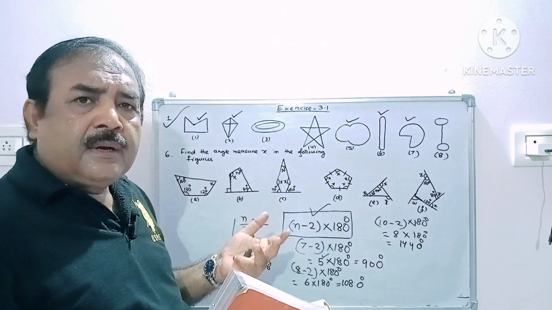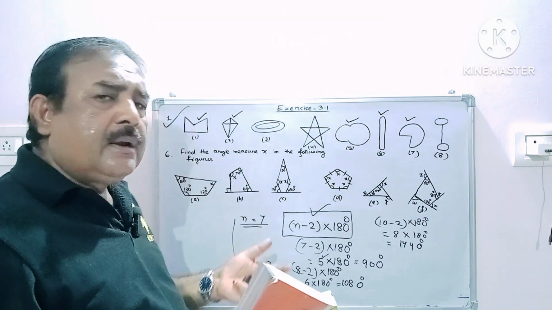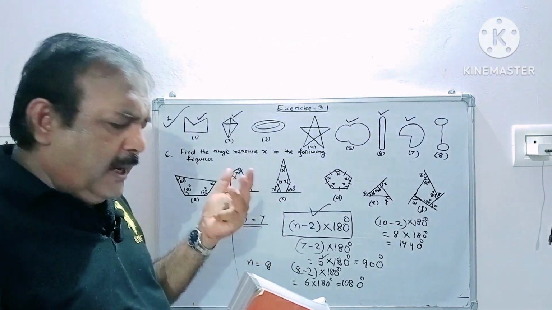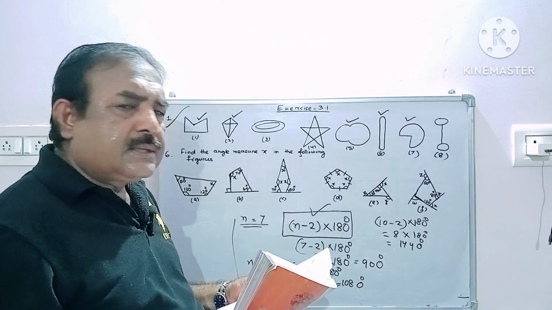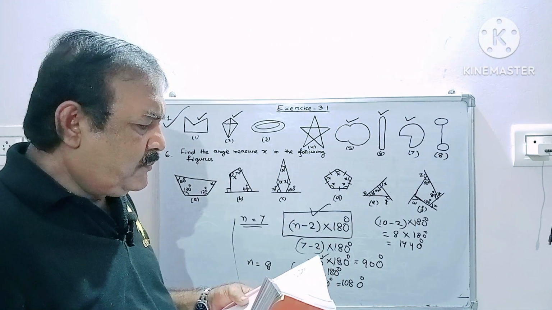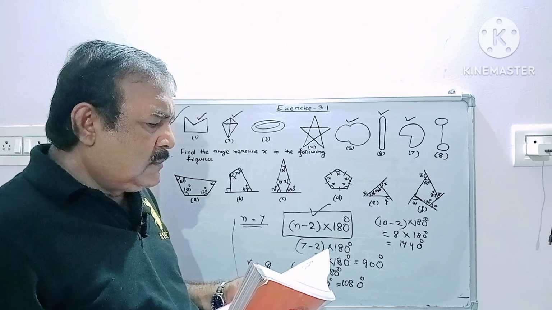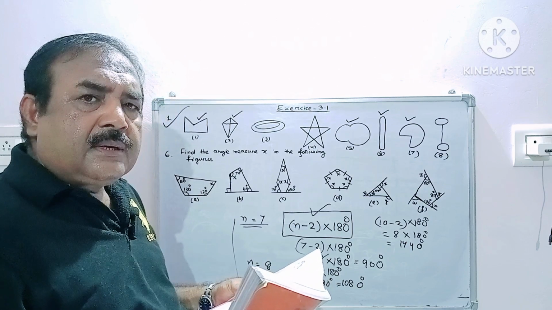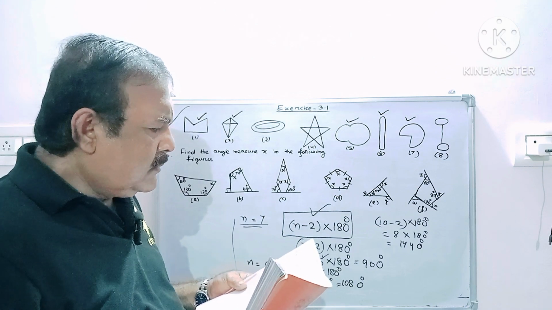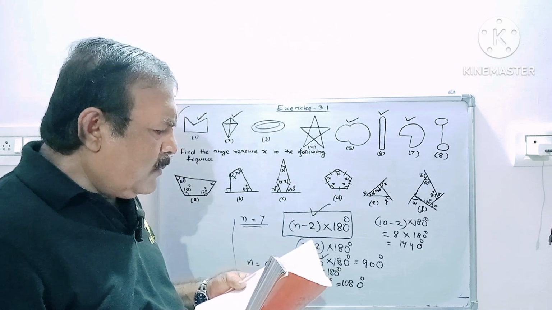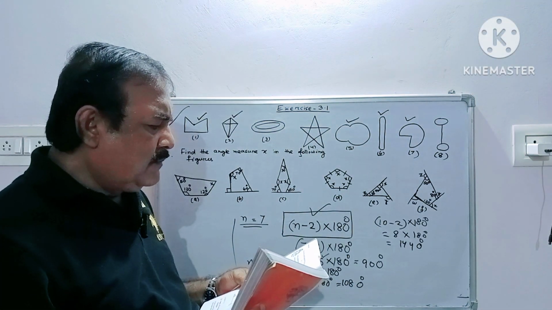A regular polygon is both equiangular and equilateral. All the sides are of equal length, and also their angles are equal. So state the name of a regular polygon of 3 sides.